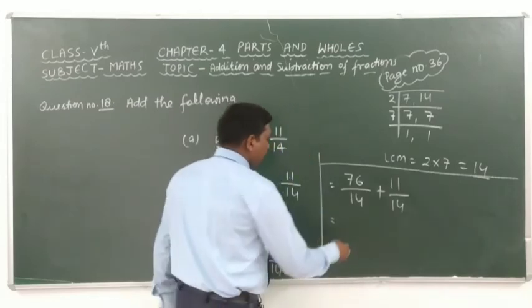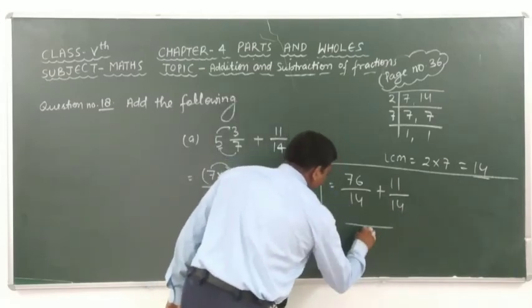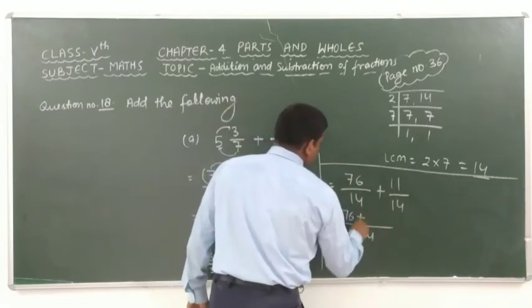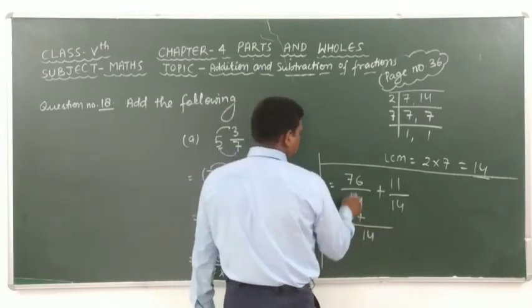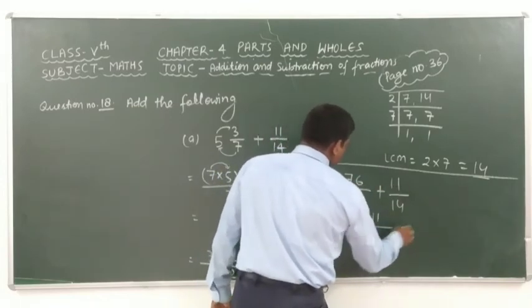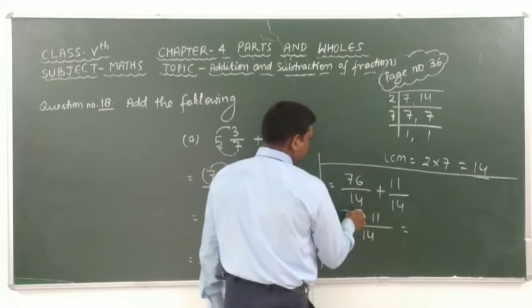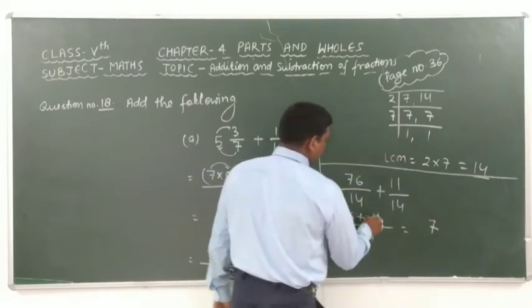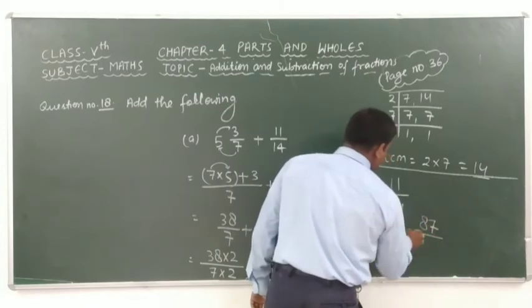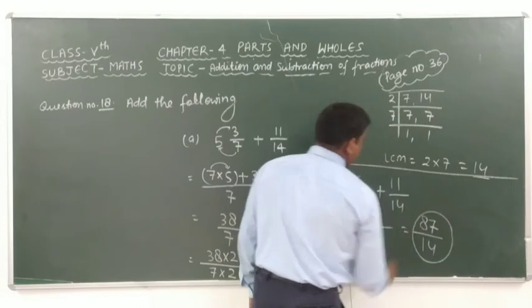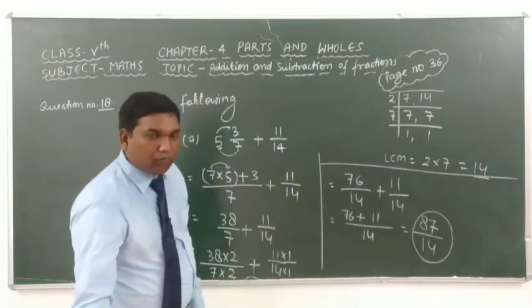Therefore we take 14 and then write 76 plus 11: 6 plus 1 is 7, and 7 plus 1 is 8. That means 87 over 14. Here we get 87 over 14.